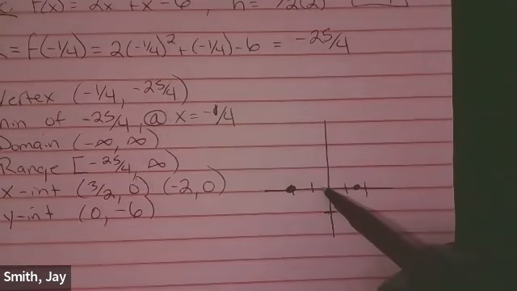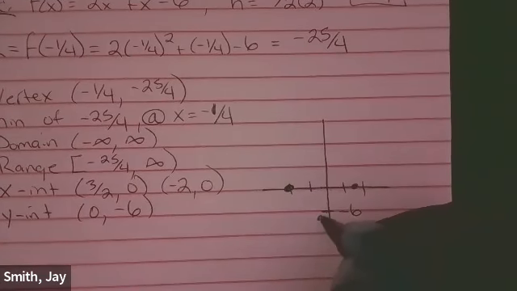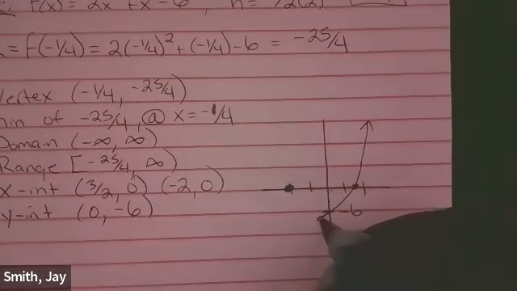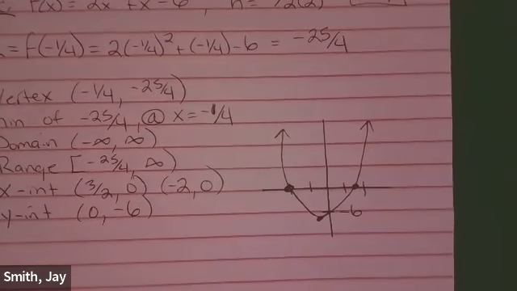We're going to the left 1/4 of a unit and down to -25/4, which is really -6 and 1/4. So it's a little bit past that point of -6 on the y-axis. So this is a good sketch of our graph. And keep in mind, we can always plug that right into the calculator and we should get the exact same thing.